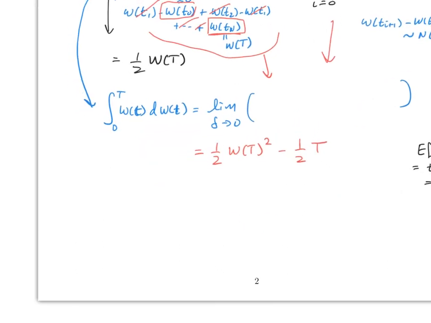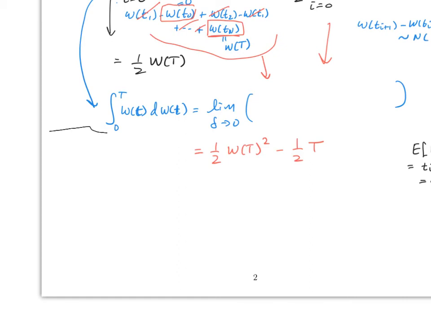Notice that if this was just a regular integral from the past, if you're just integrating x dx, the integral is equal to 1/2 x squared, and that's it. Here, notice how you have an extra term which you didn't have before. The reason we have this extra term is because the quadratic variation for the Wiener process is not equal to 0.